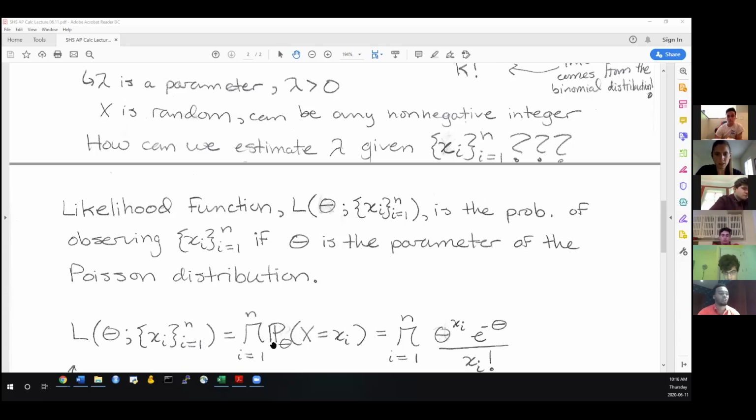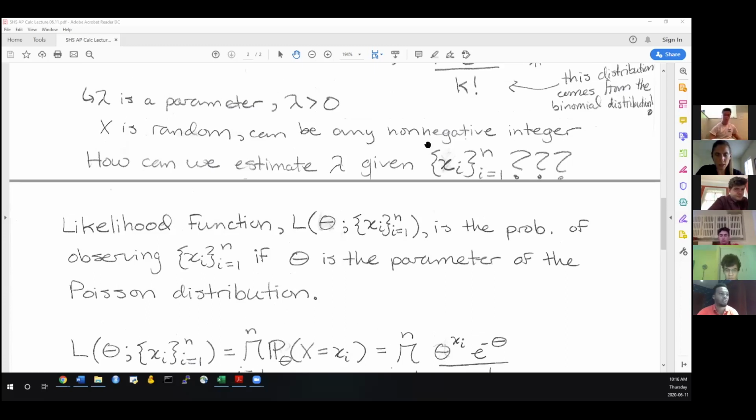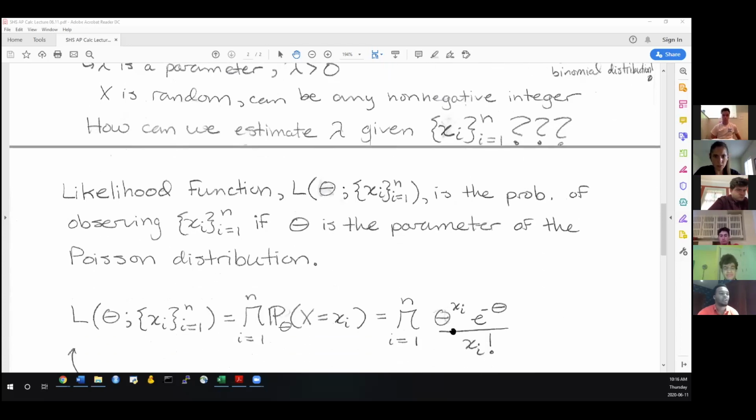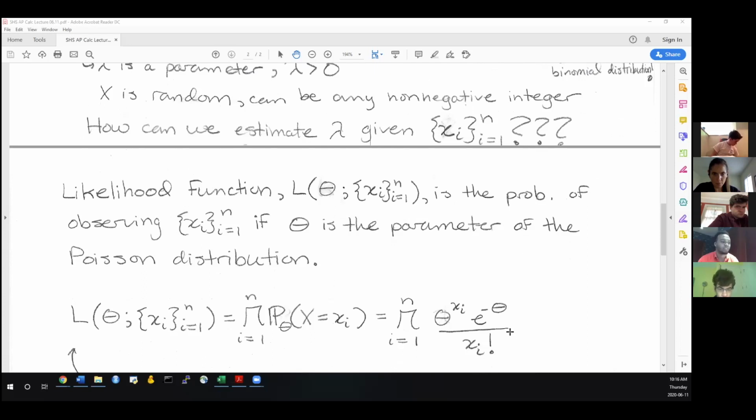Here again, we're multiplying the probability of counting this number of arrivals. And when I substitute in this functional form we introduced earlier for the probability, this is the form I get, where again, think of the xi's as being fixed and theta is your variable. So this represents the likelihood of observing this set of outcomes when theta is your parameter.